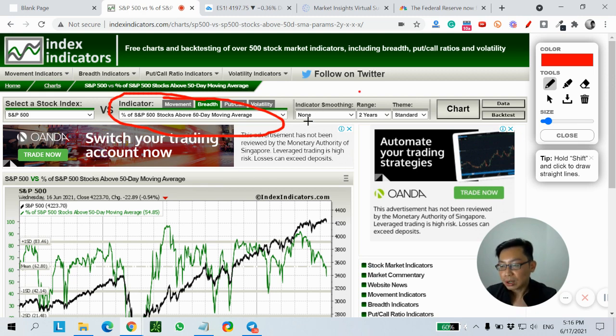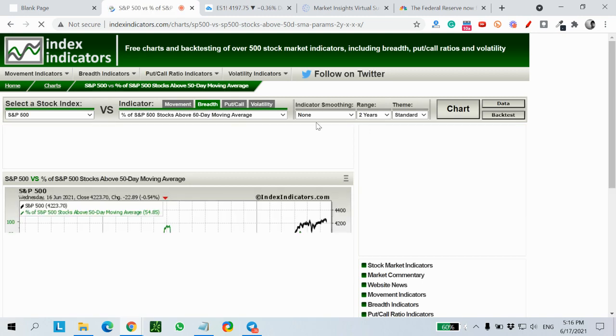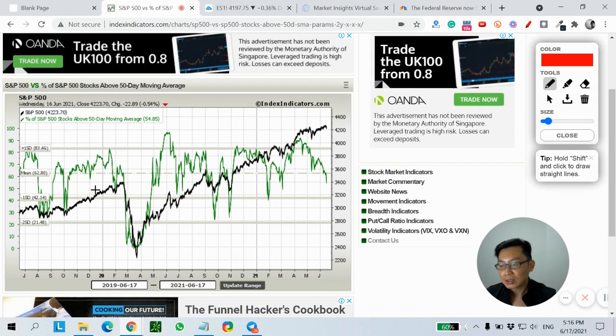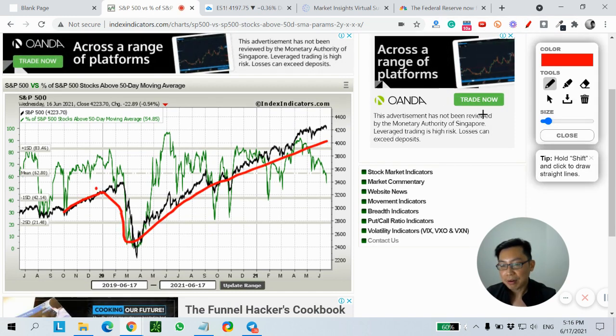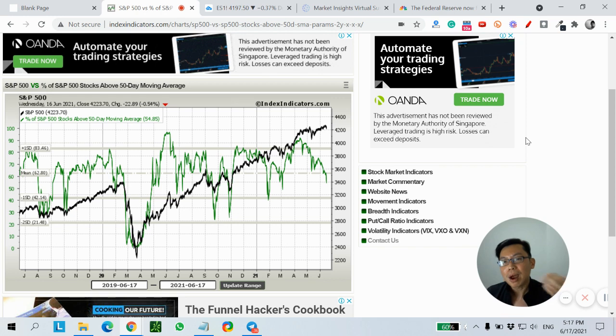So basically, these are breadth indicators. I used the past 2 years, and I charted it. This is the chart you're going to see. The black line is the S&P 500, while the green line is the market breadth. Treat the market breadth as kind of an overbought and oversold indicator.